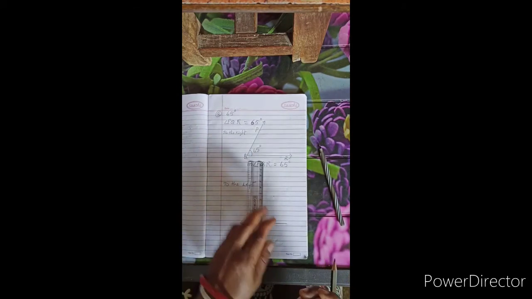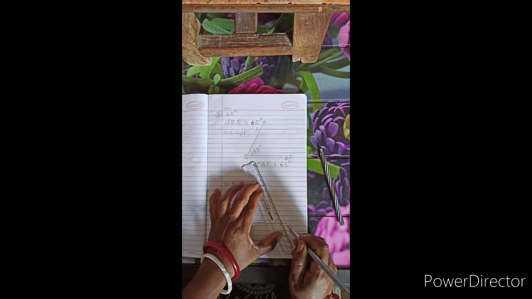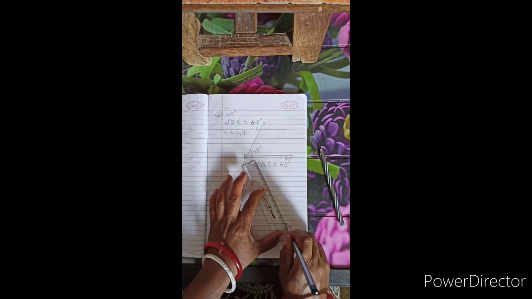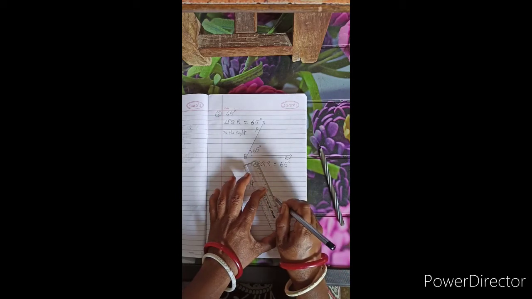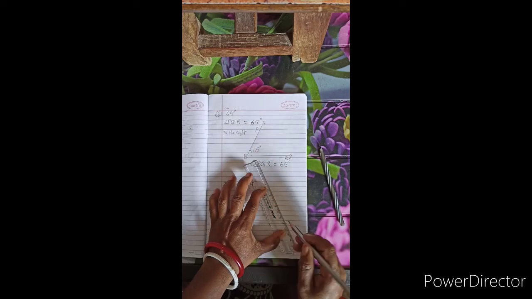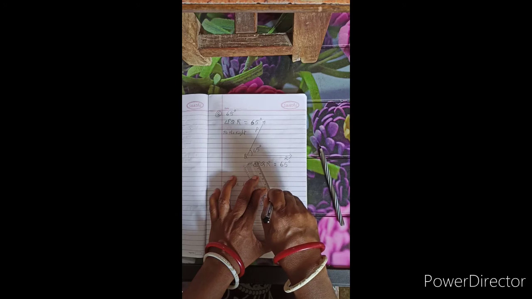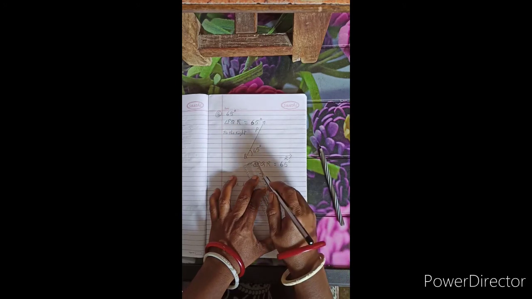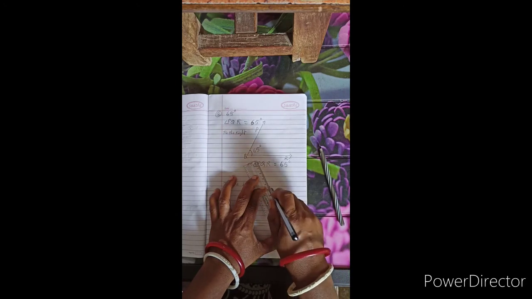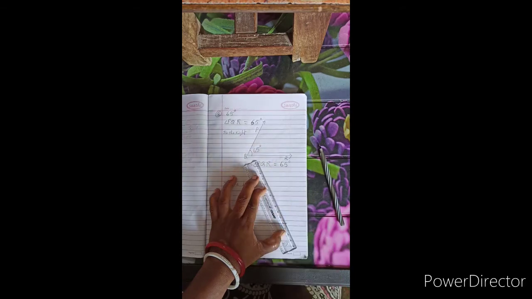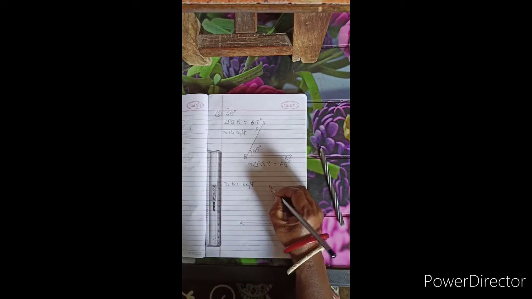Now I got the point, so take the scale. Keep the pencil point on this point, touch the scale, keep the pencil point on this point, touch the scale. See that both the points touch the pencil point and the scale. So when it touches, now you pass it and draw the ray.